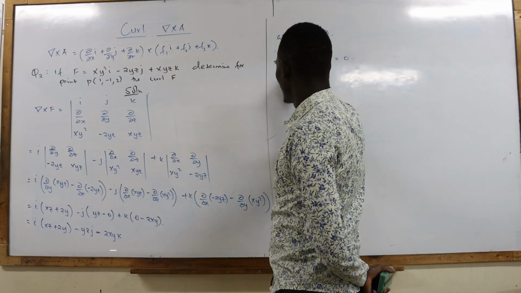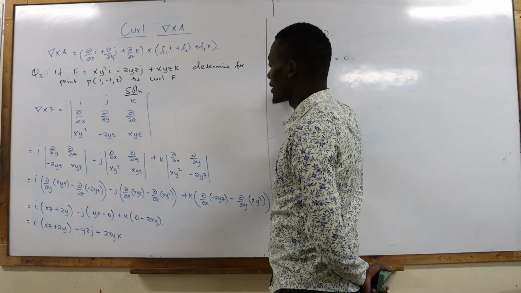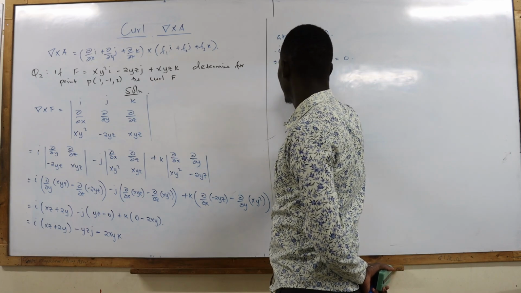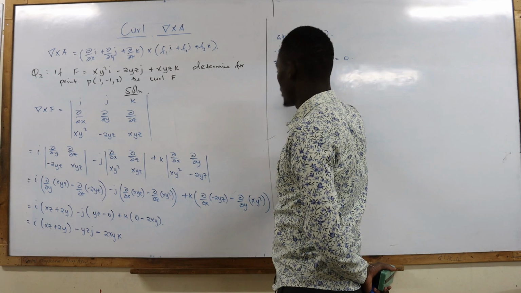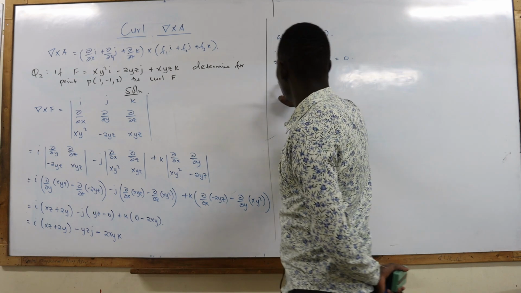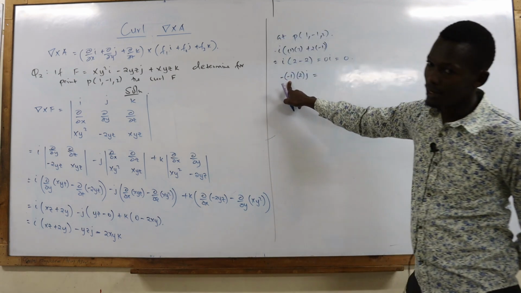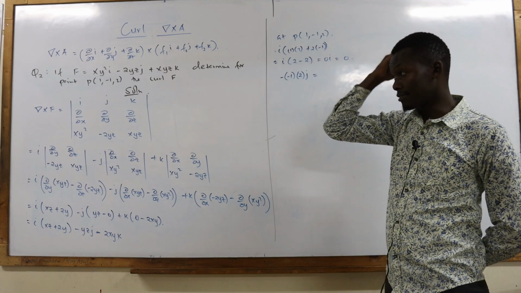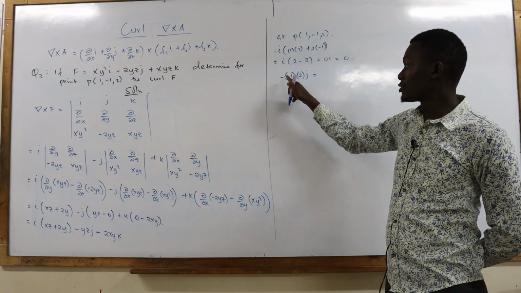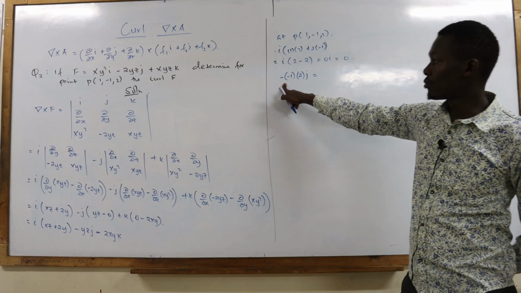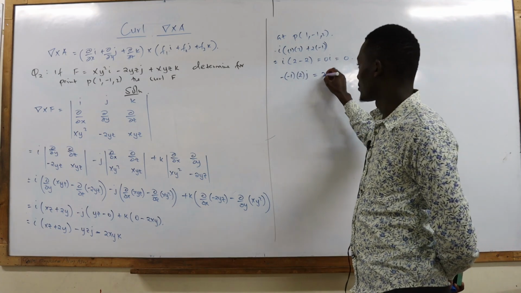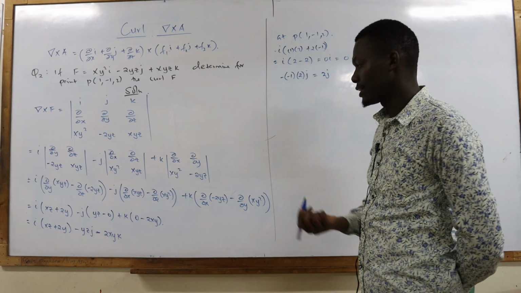Let's come to the second. Minus yz. What is our y? Our y is -1. Our z is 2. Then you have your j. So -1 times 1, minus a negative is just positive. So positive 1 times 2 just gives me 2j.